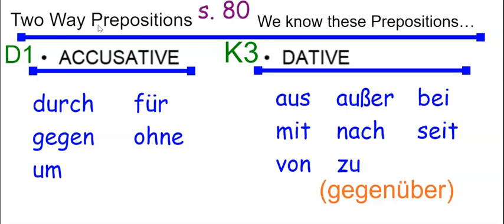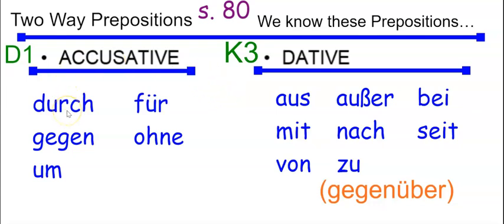We already know, if you've been with me, these prepositions. We know of prepositions in which the object of the preposition, like if I say on the chair, the chair is the object of the preposition on. We know these always take the accusative case: durch, für, gegen, ohne. You'll want to make sure you write those down and include what they mean in English.